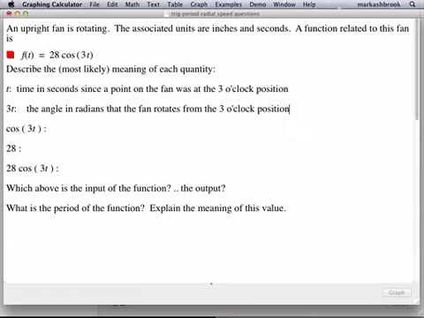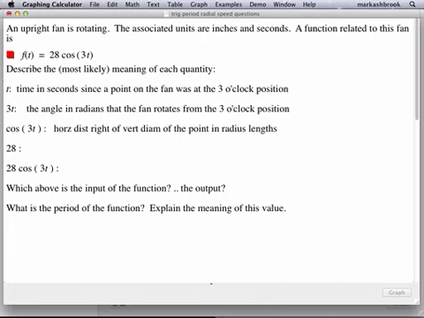Okay, cosine of 3t. The horizontal distance to the right of the vertical diameter of the point in radius lengths, or radii. So it's going to be a fraction of a radius length, right? Like the cosine gives us values like 0.75, 0.82.